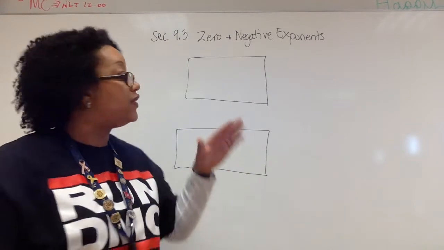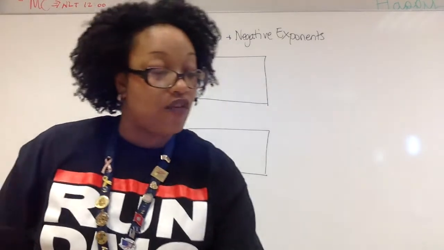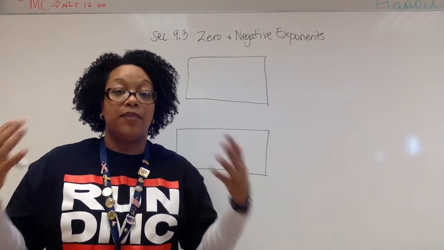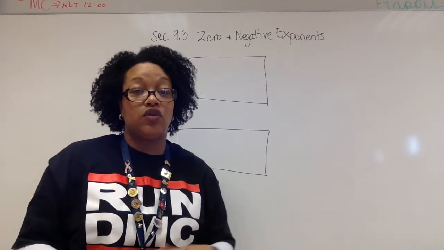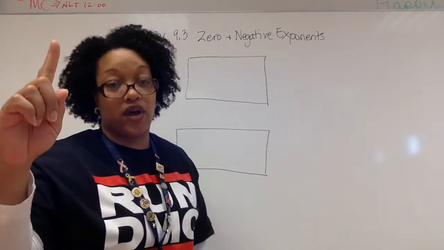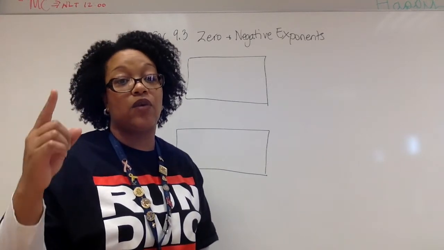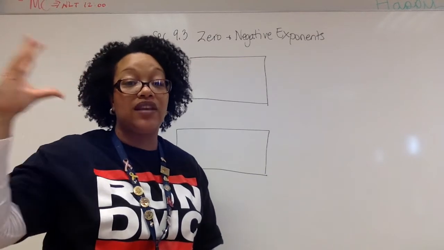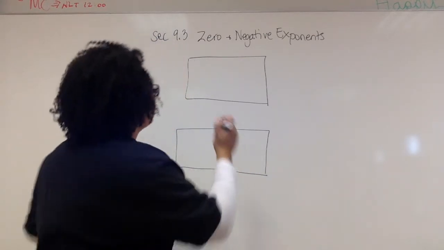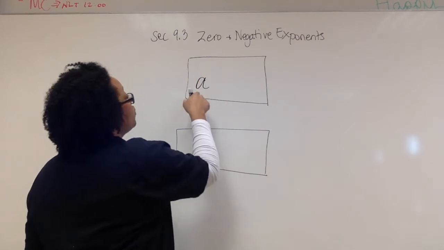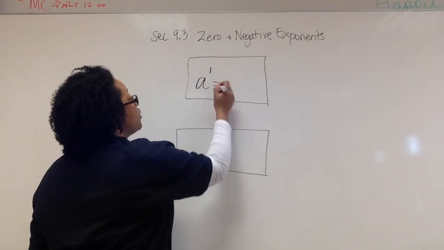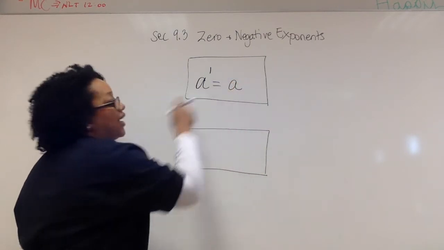So first, in this first box, let's start off with a rule that you probably learned in middle school. What do you do when your exponent is 1? There was a rule that you had to learn that whenever you raise something to the first power, it's always equal to something. And that something is whenever you raise a base or a number or a variable to the first power, it's always equal to that base.